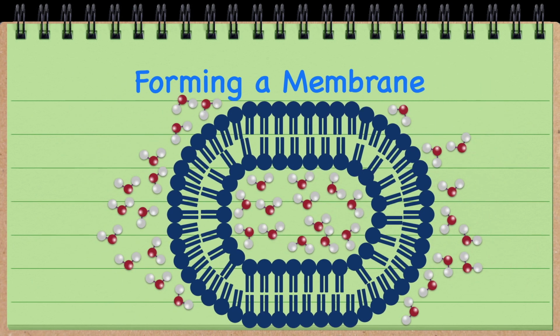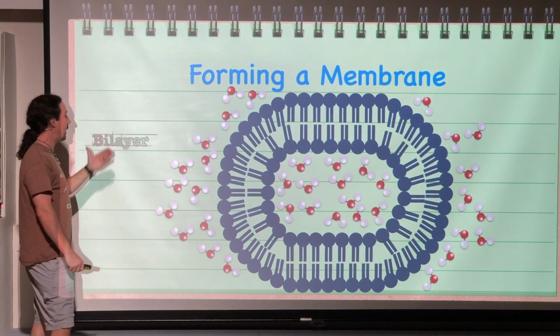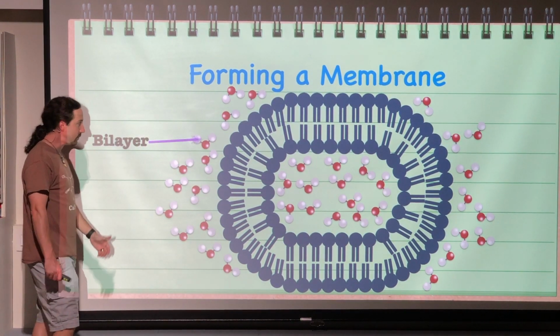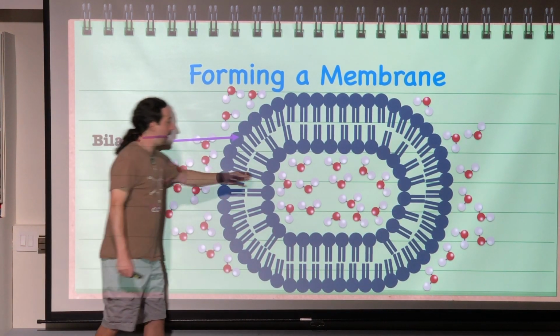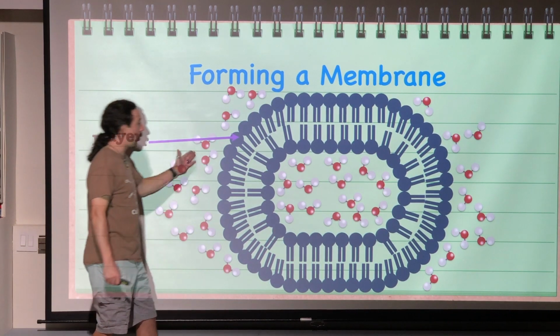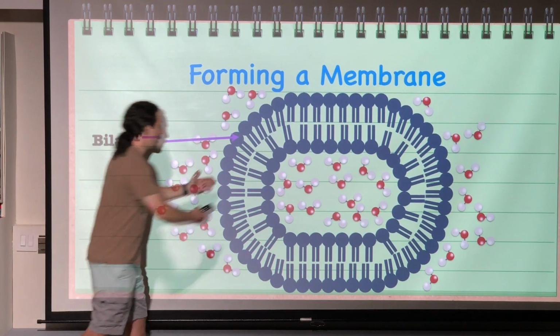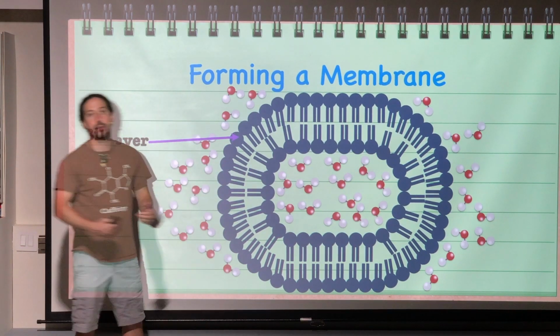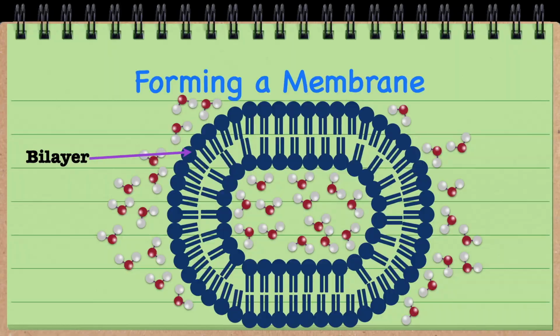They would form a membrane. They would form what we call a bilayer, where the hydrophilic heads would face toward the water, and the hydrophobic tails would interact with each other, making this membrane. So the tails would face inward, and the heads would face outward toward the water.